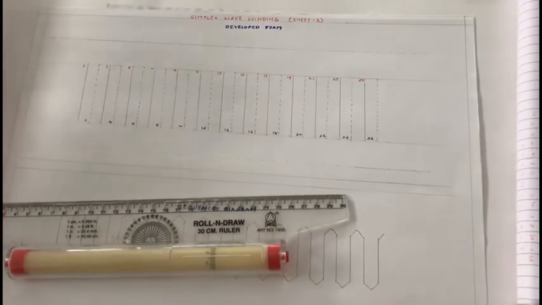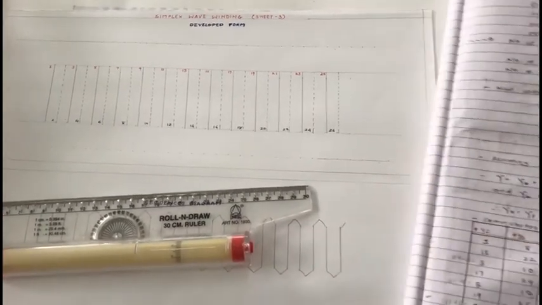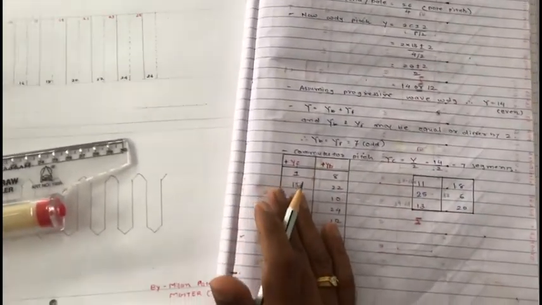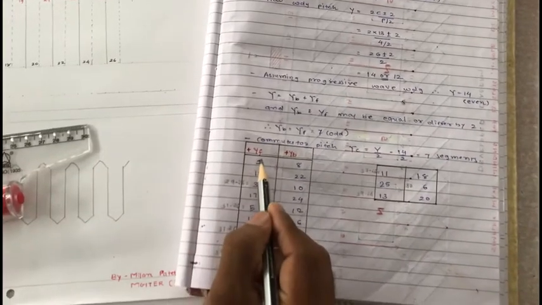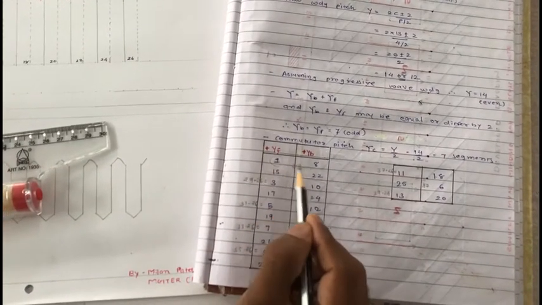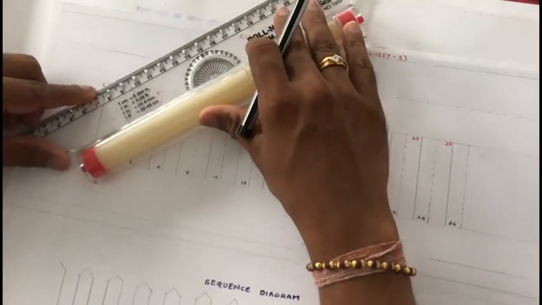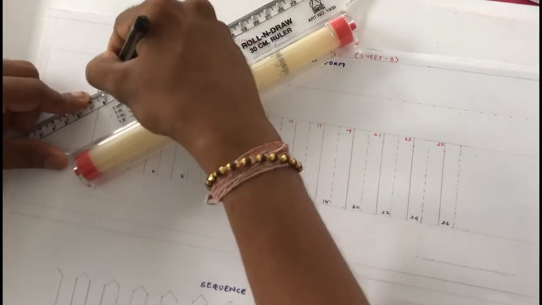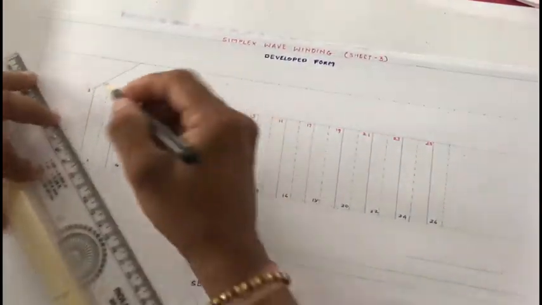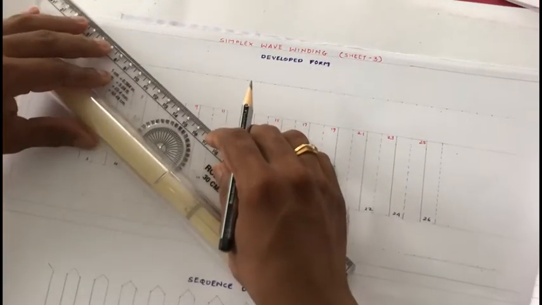Now from the winding table we have to connect all the conductors. Winding is started from conductor number 1 to 8. So first I will connect conductor 1 and 8. This is conductor number 1, this is conductor number 8.